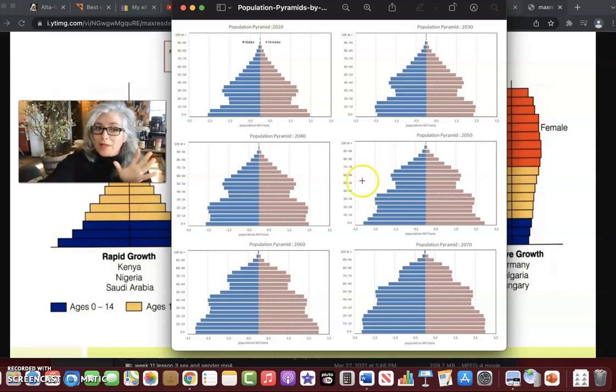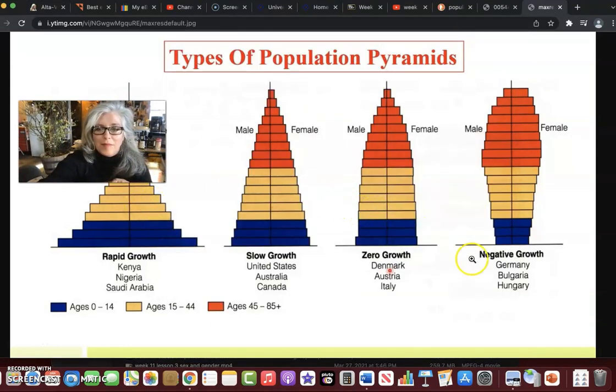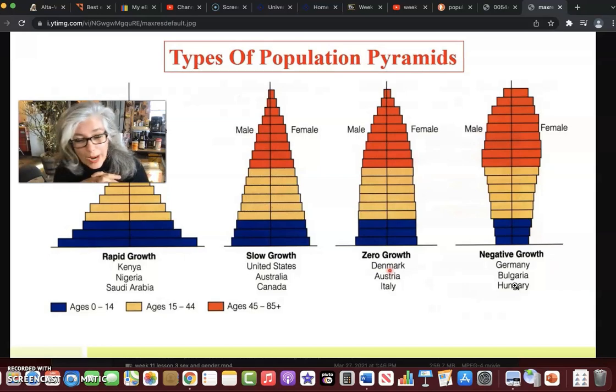In the world. So even though we have negative growth countries individually, how much does that contribute to the overall world population? That needs more research before we can actually make a conclusion about that particular question. And we can ask why. Why do populations become negative growth populations where they do?